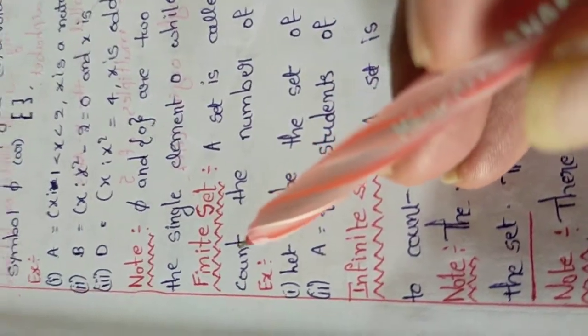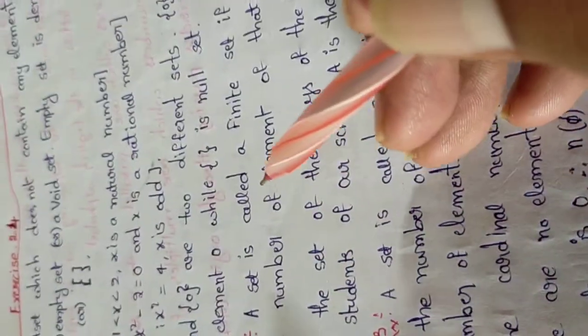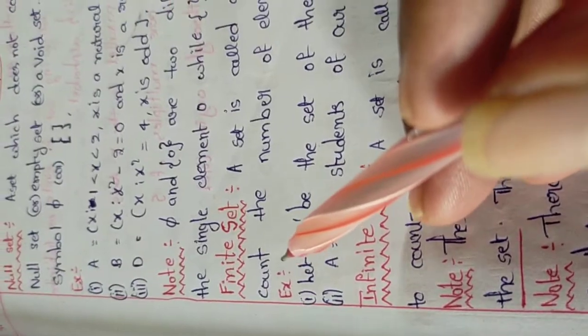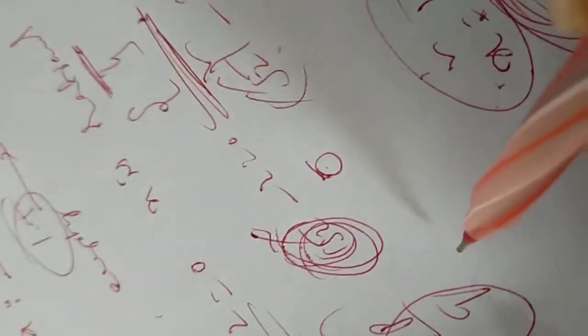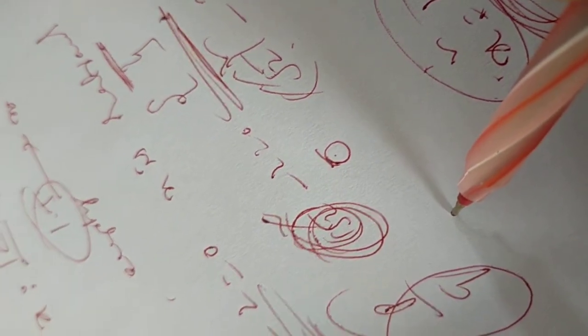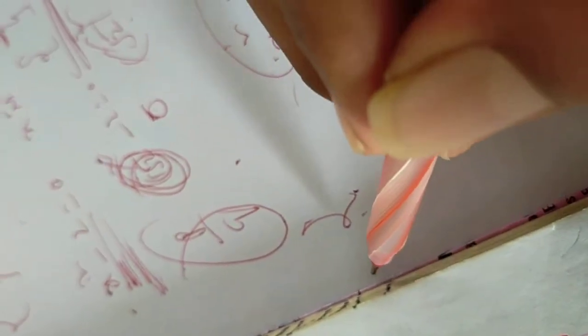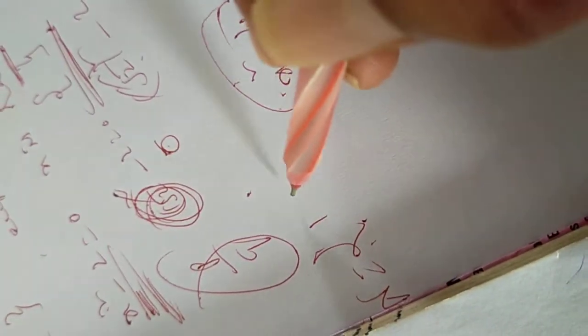Finite set: a set is called a finite set if it is possible to count the number of elements of the set. Suppose natural numbers less than 5: 1, 2, 3, 4.